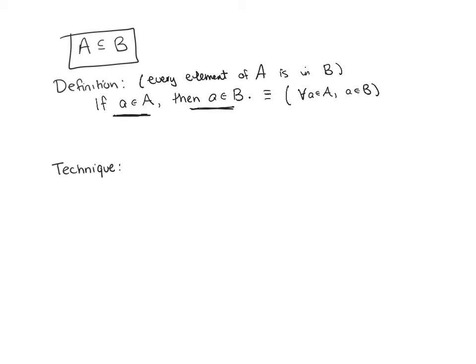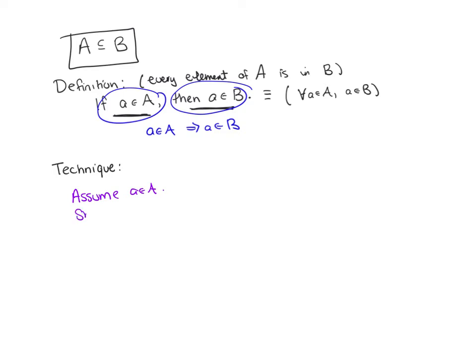Use my logically equivalent symbol. Okay, but now that I've rewritten this expression as an if-then, I'm trying to show a is in A implies a is in B. We know how to prove that because we know how to prove conditionals. So I'm just going to assume a is in A, and then show, explain, lead to why a has to be in B. So that's like doing a direct proof of that if-then.